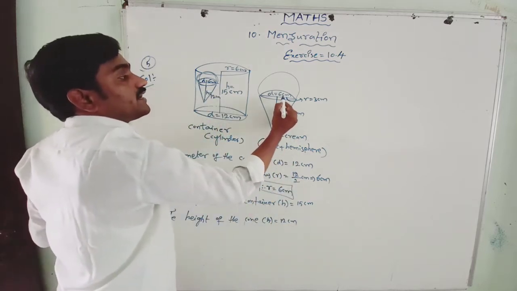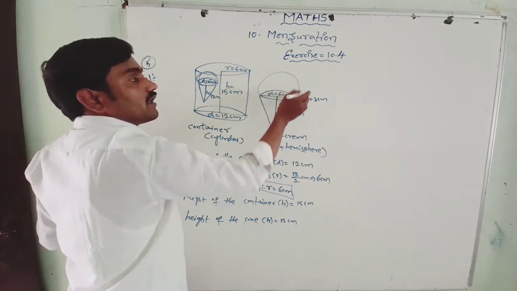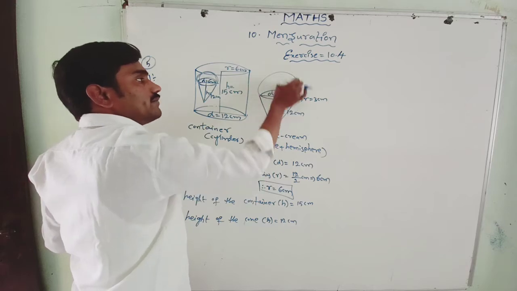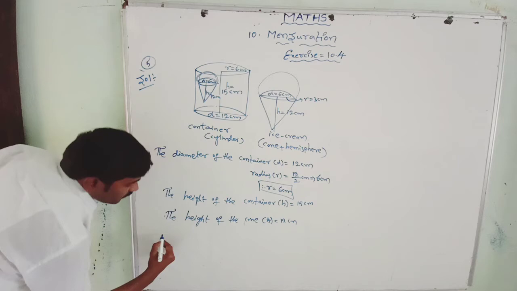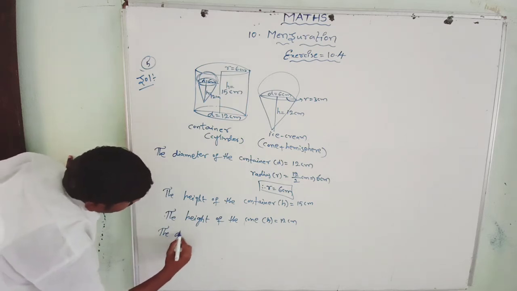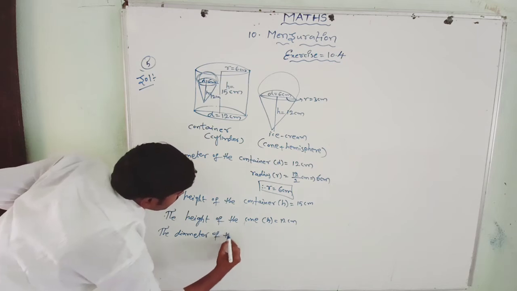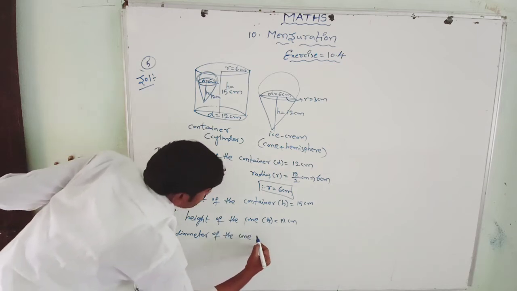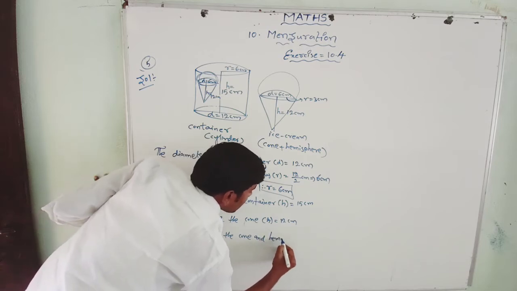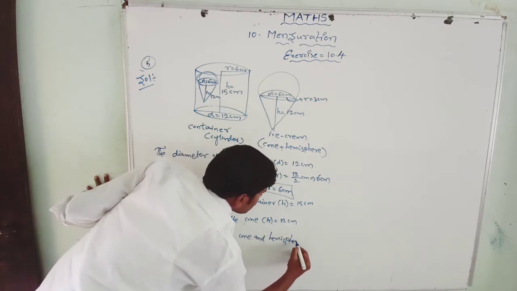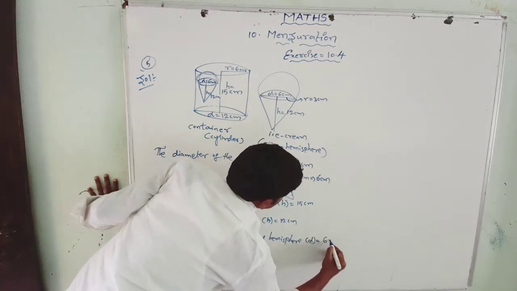Then the diameter of the cone and hemisphere. The diameter of the cone and hemisphere is the same. The diameter of the cone and hemisphere is D equals 6 centimeters.